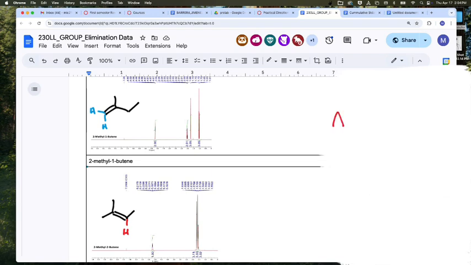Okay, let's go back to it again. So under acid conditions, what was our ratio? 2.8 to 1. That 2.8 was the signal that showed up where? Acid. That was the 5.3, which represented which compound?